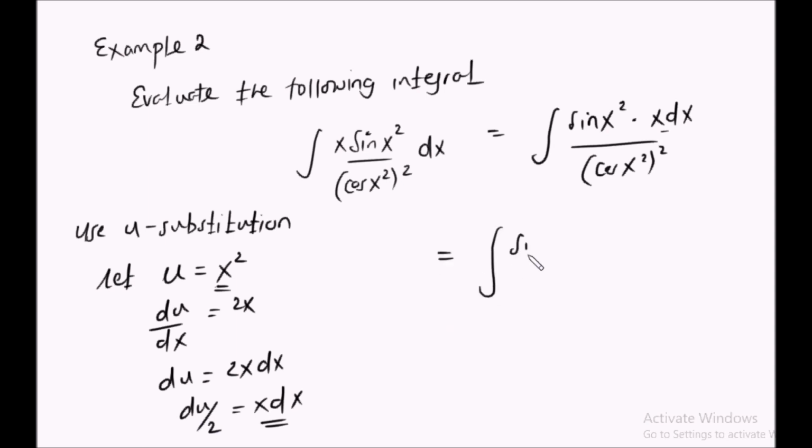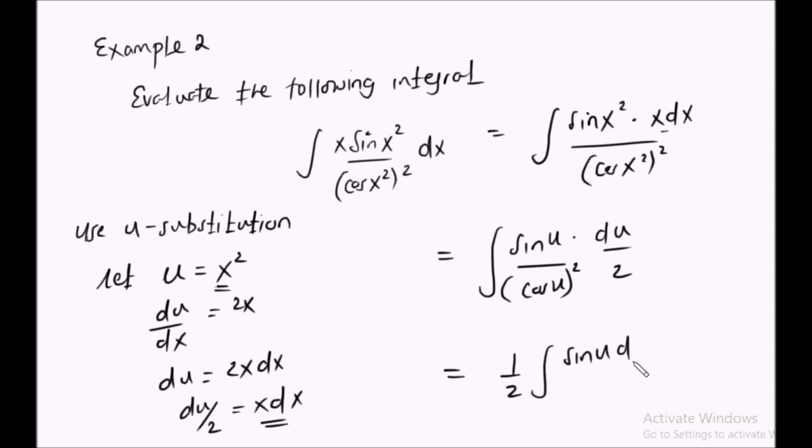So nikipachika hiyo x squared ni u, times x dx ni du over 2, over cos u squared. So 2 namtoa nje inakuwa ni 1 over 2. So we have sin u du over cos u squared. So let me start a fresh page.